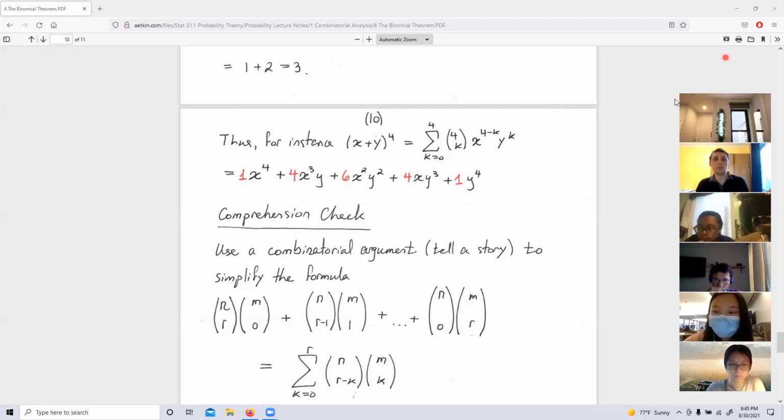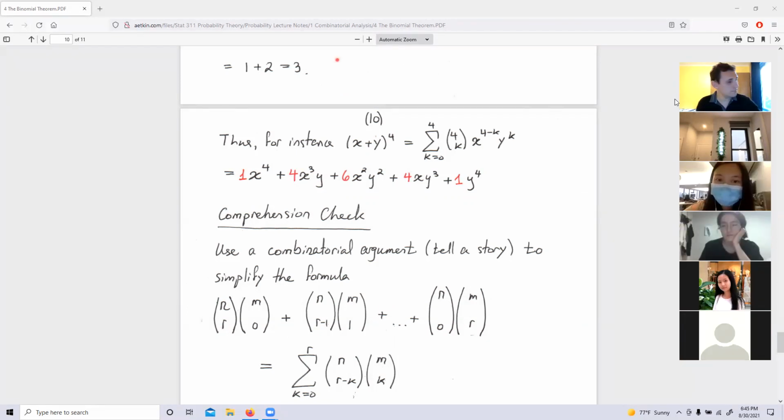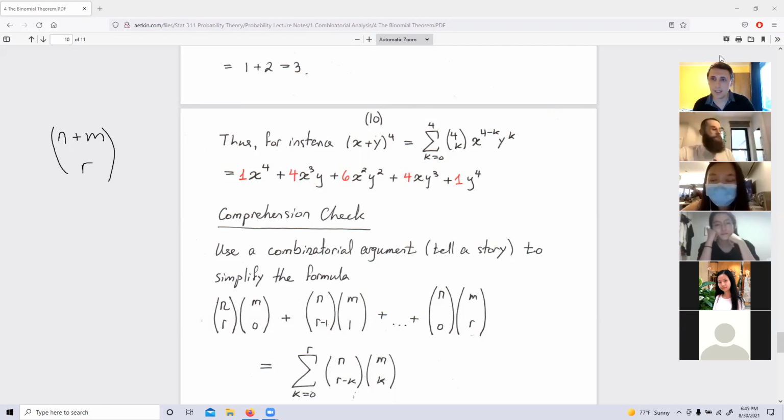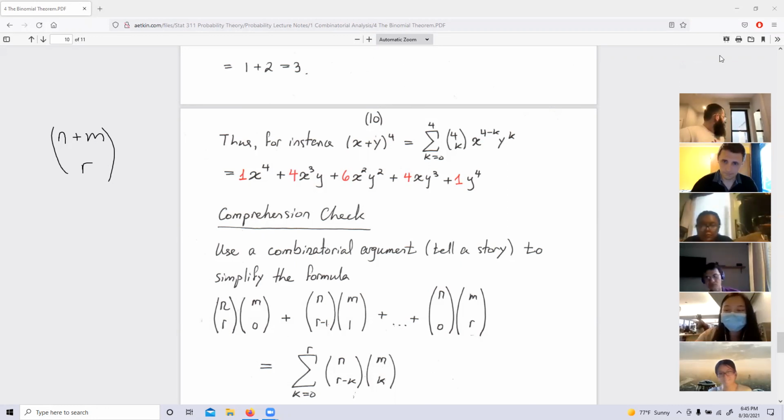So what could it possibly be? It means that whatever we're doing, we are choosing R objects. Out of how many? N plus M distinguishable objects, pick R objects. That's the answer. Are you with me?